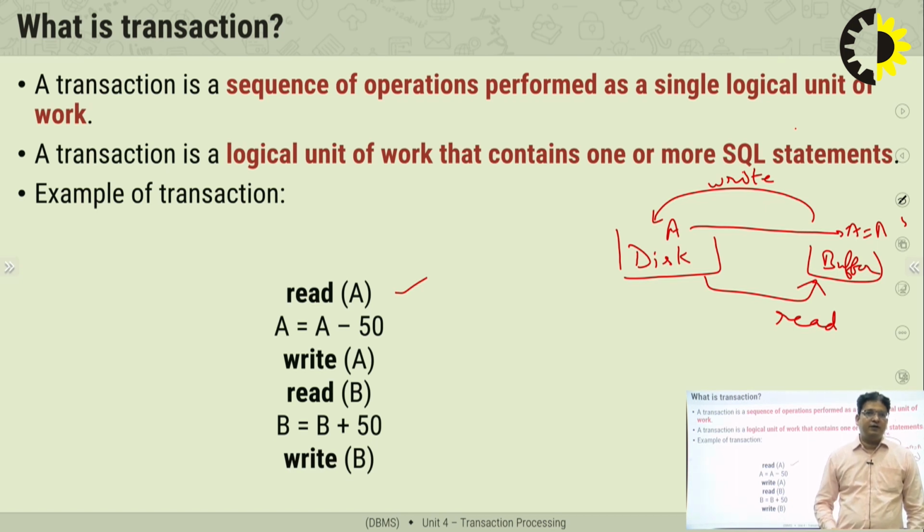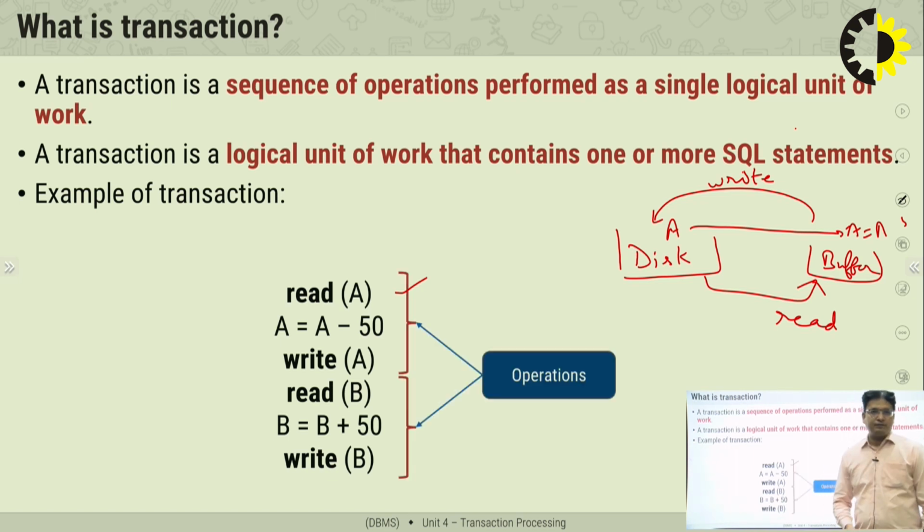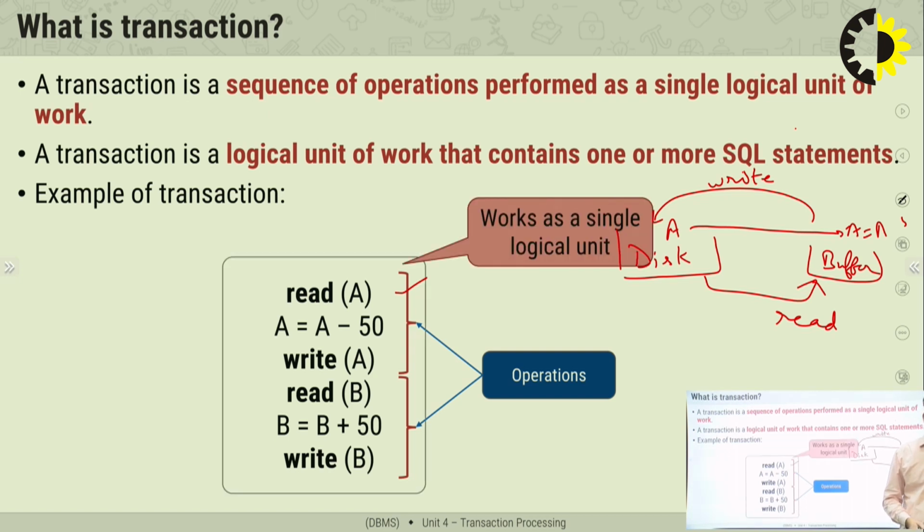Because we want to update the value in the disk from the buffer. So one is subtraction, the other is addition. These are various operations that are being performed in this transaction. So the whole of this transaction is working like a single logical unit.